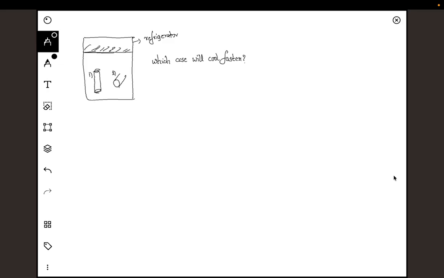So if you recollect, let's assume lumped body assumption is valid. Then all we have to say is m c_p dT/dt is minus hA times (T minus T infinity), right?